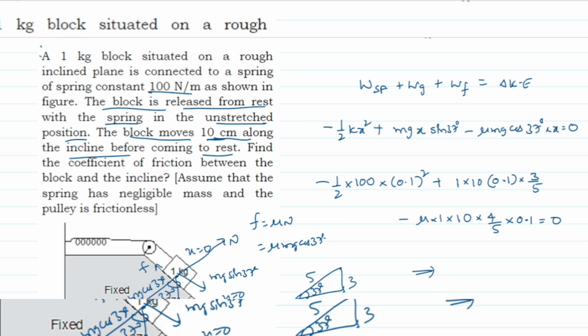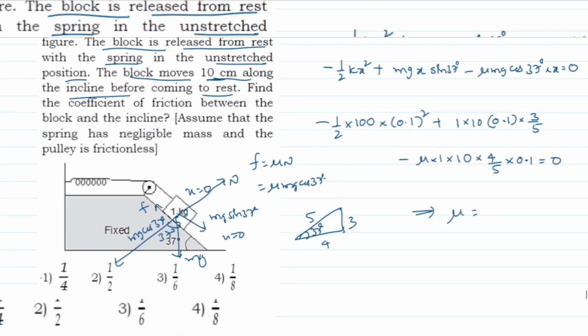So when you are substituting all the values, mu value nearly will be 1 by 8, which is the correct answer.